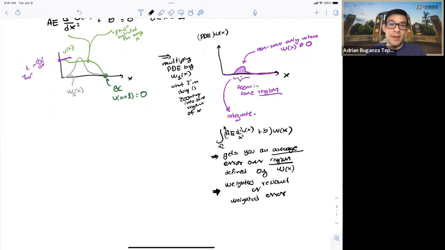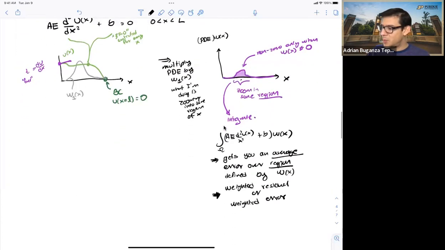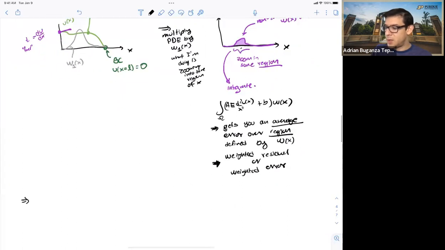And again, what you did is you replace this error for a single point. So do I satisfy the PDE for every single point, or do I satisfy it approximately over some region W? And so then the question is, are those two equivalent?